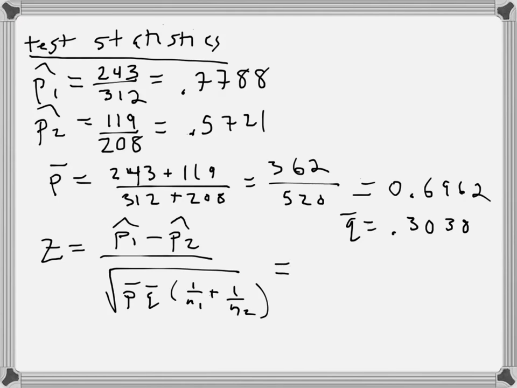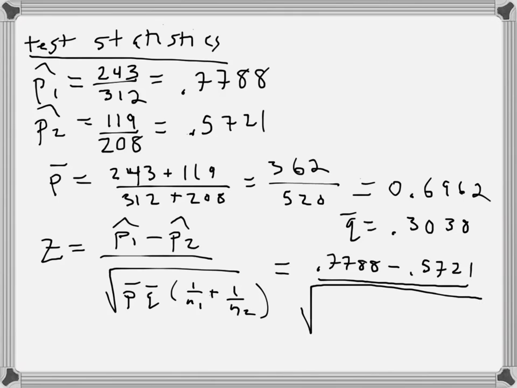Alright, so this whole thing should be 0.7788, my P1 hat minus P2 hat, over the square root of 0.6962, that's P bar, times Q bar, oops, that's a 3, excuse me.